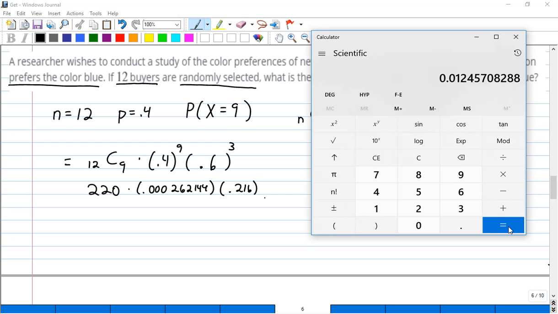All right. I'm going to take this out to 4 significant digits. So 1, 2, 3, 4, or I'll round to 4 places. How about that? So that'll be 0.0125.